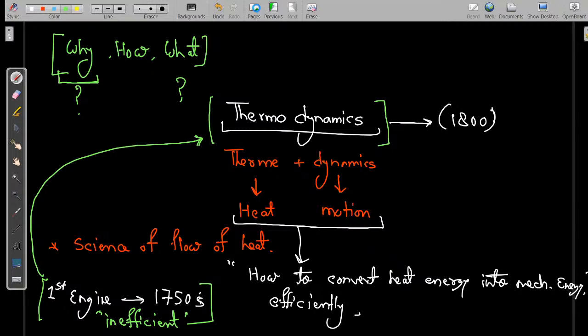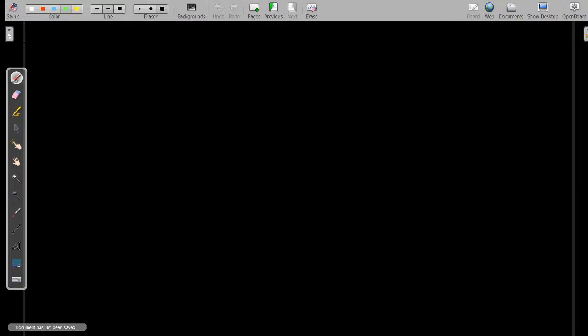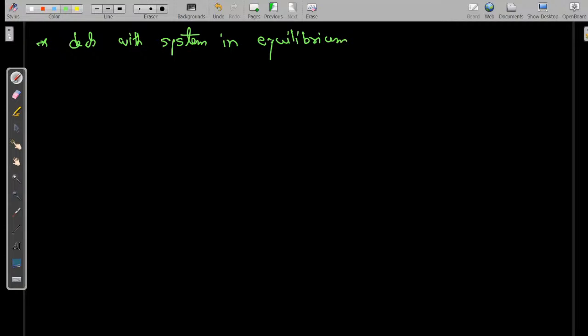So thermodynamics deals with systems in equilibrium. That means it deals with two equilibrium states, if a system is moving from one equilibrium state to another.